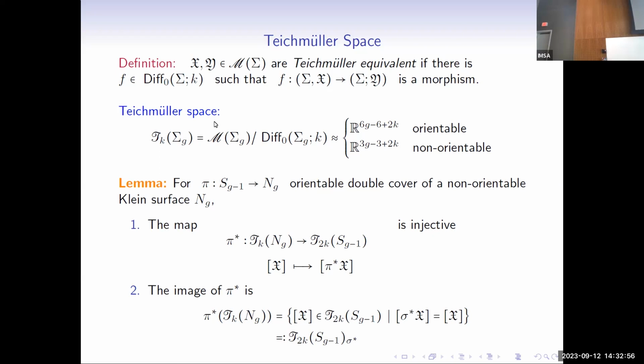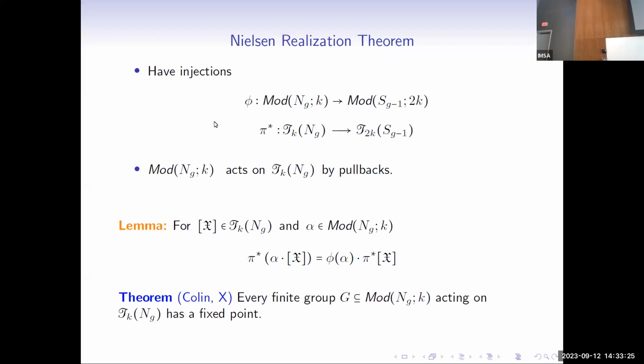Sending a Klein analytic structure to the class of the pullback on the double cover, right? And we know what the image of this map looks like. Basically, the space of complex structures in the double cover which are fixed by the pullback by the involution.